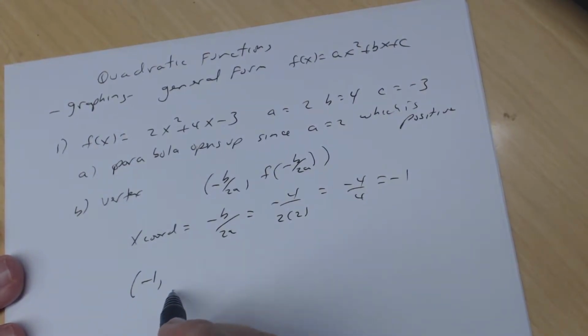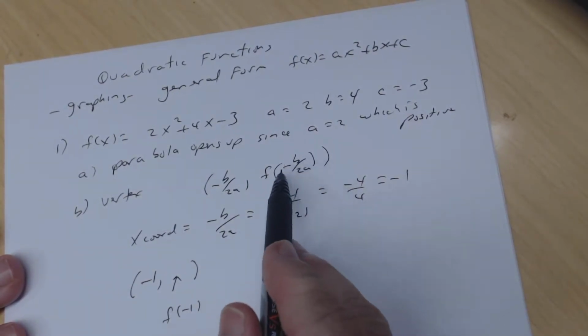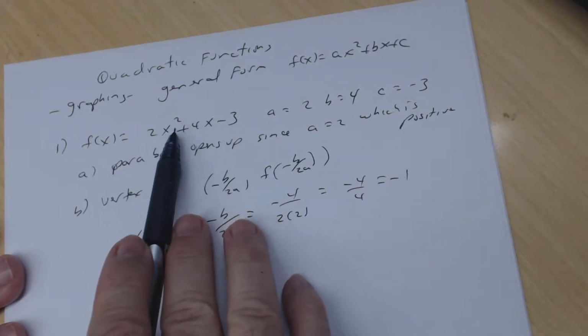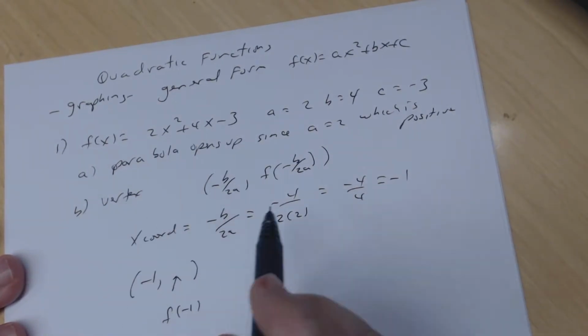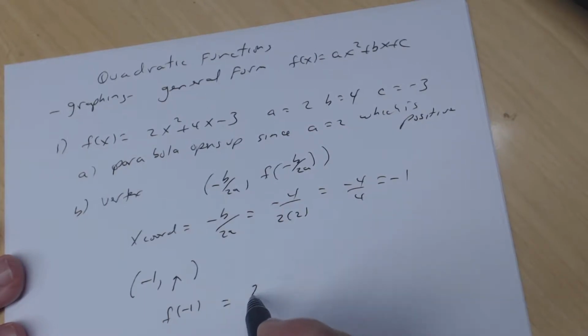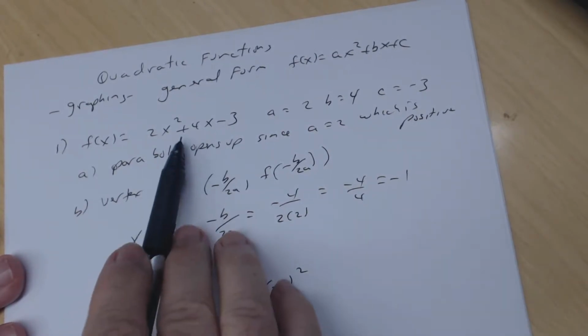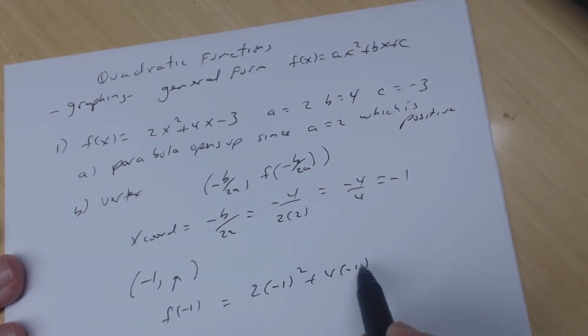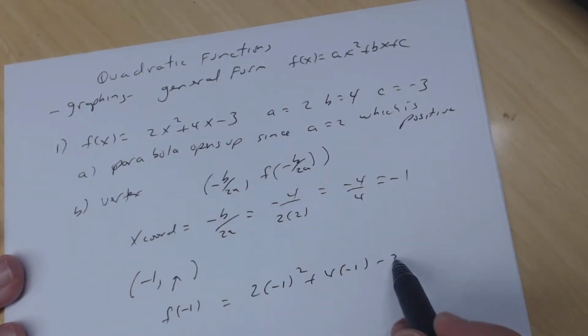Now to find the y-coordinate of the vertex, I'm going to find f of negative 1. I go to my function f, and where we see the variable x, I plug in negative 1. So that's going to equal 2 times negative 1 squared, plus 4 times negative 1, and then minus 3.